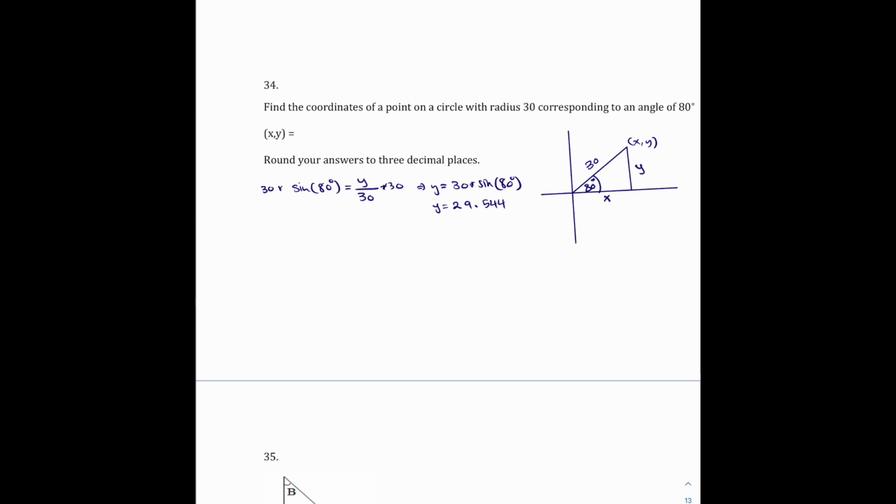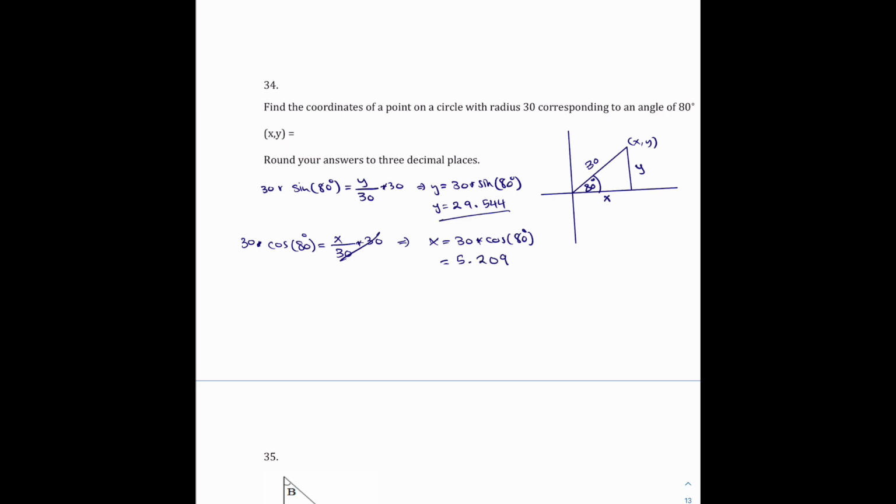And then we say that cosine 80 degrees is equal to the adjacent over hypotenuse. We're going to multiply both sides by 30. We get x equals 30 times cosine 80, which is equal to 5.209.